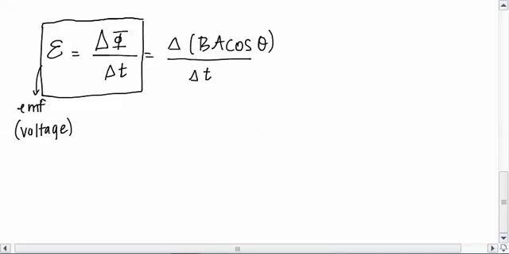Sometimes you'll see a negative sign in front of this equation. I prefer to find the absolute value and then use Lenz's Law to find the direction or the polarity of the induced EMF. So this is our change in magnetic flux.